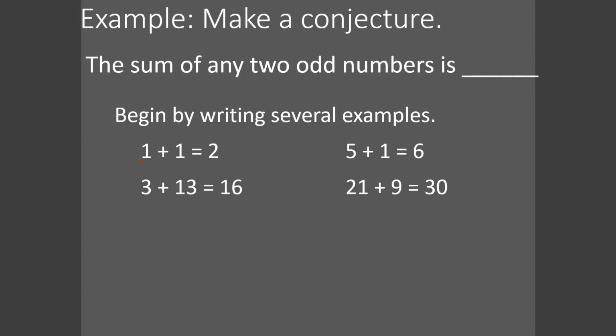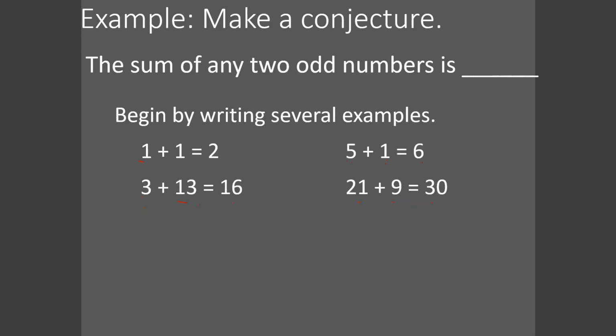Then 3 plus 13 is equal to 16. 3 and 13 are both odd numbers. Then we have 5 plus 1 is 6, and we know that 5 and 1 are both odd numbers. Then we have 21 plus 9 is equal to 30. 21 and 9 are both odd numbers.